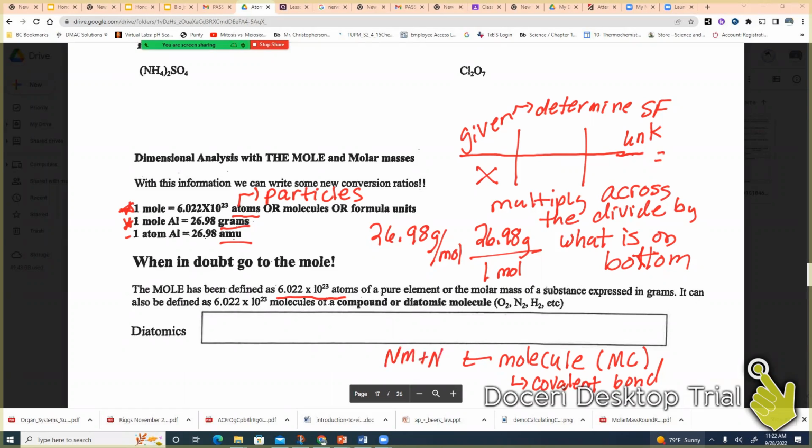Metal plus non-metal gives an ionic compound. So diatomic molecules, they're molecules because it's 2 of the same atoms bound together. And I'm going to write what they are, and I am putting a 2 behind them because that's how they exist when they're all by themselves.